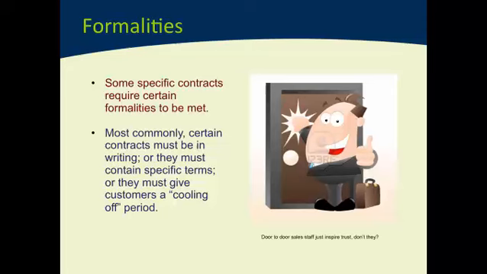There are other types of contract that have specific requirements. For instance, if somebody shows up at your door and they offer you a new electricity service or a new phone service and you sign up on the spot, there will usually be a requirement for a cooling off period.